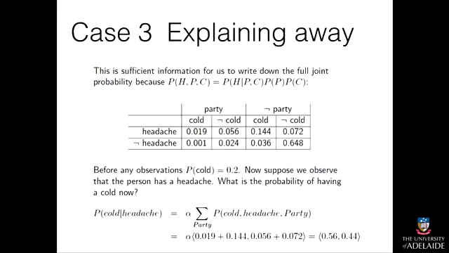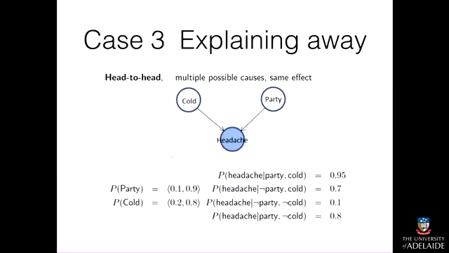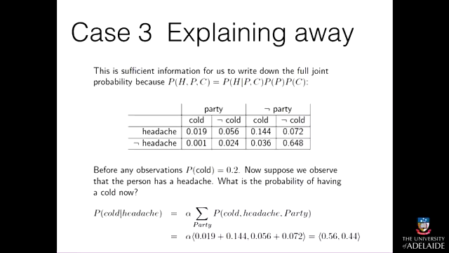And because in the network, we have three random variables, to calculate this term, we need to marginalize the unwanted random variable, which is party. Right, so we can calculate this term just by plugging in those numbers.